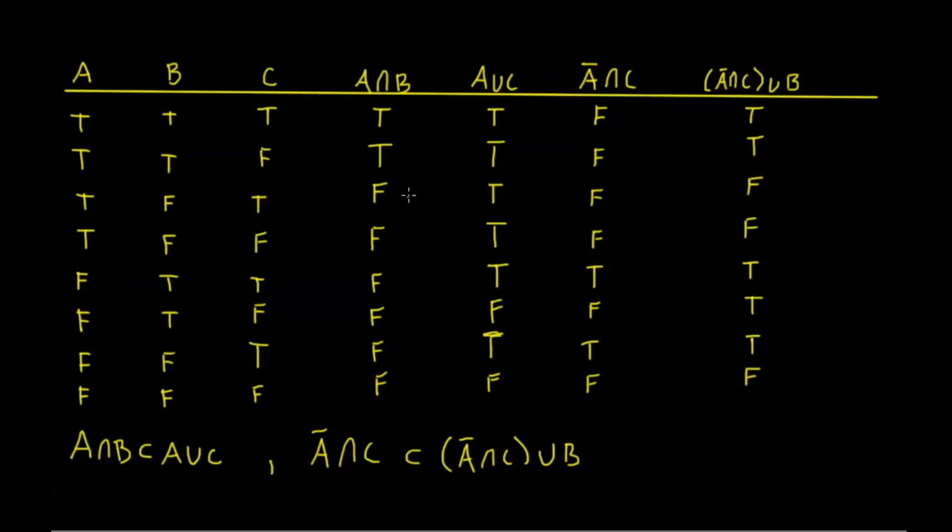And there's lots of them here. A intersection B is a subset of B. A and C are both subsets of A union C. C is a subset of A complement union C, etc., etc. But this is generally how we would approach a problem where we want to find a subset and prove that something's a subset using a truth table. This is how we would do it.